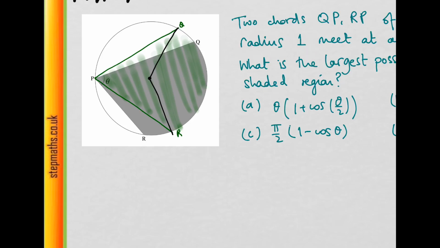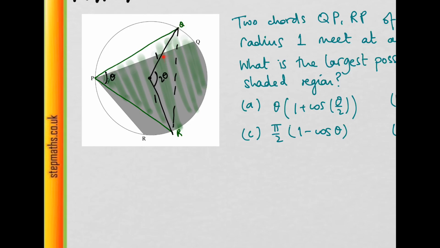So these two lengths would just be 1. And this angle is the angle subtended by this chord to the center. So this angle here is going to be twice the angle subtended at the circumference. And because we know that this angle at the circumference is theta, then this angle subtended to the center is going to be 2 theta.